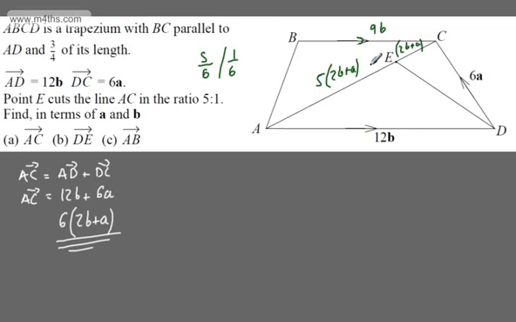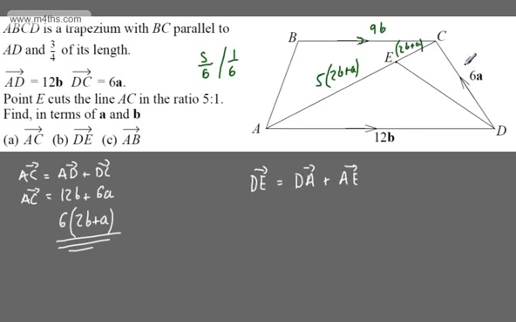So what we want to do is go from D to E. And I've got lots of choices here. What I'm going to do with this one, and we can write it on, is say that DE, just looking at this, I can go from D to A plus A to E, and that's one of my choices.